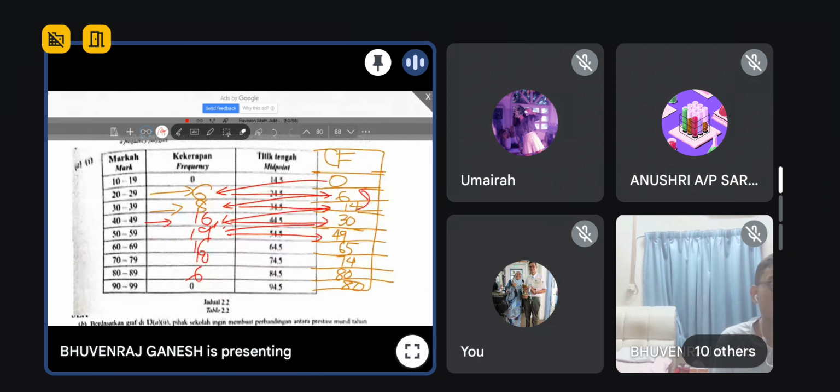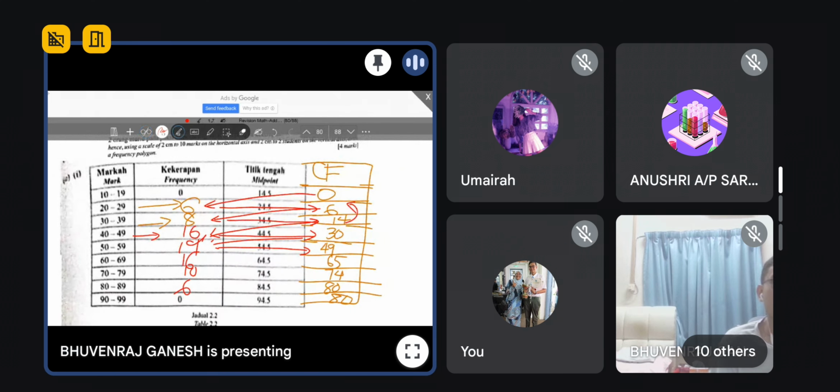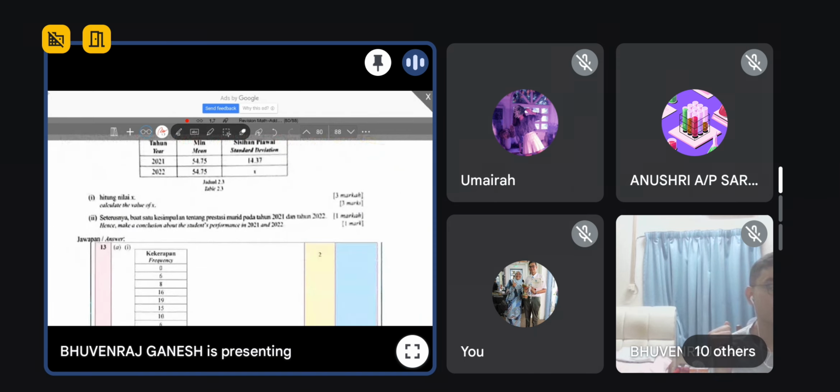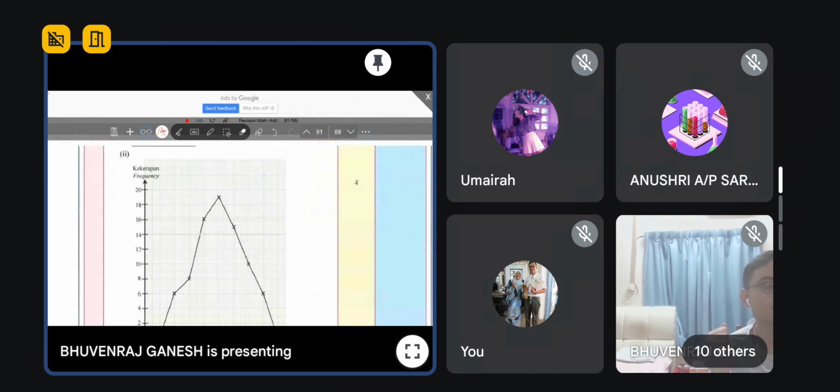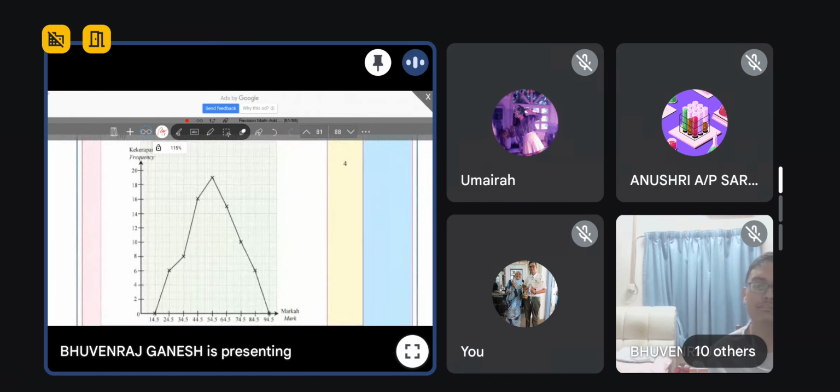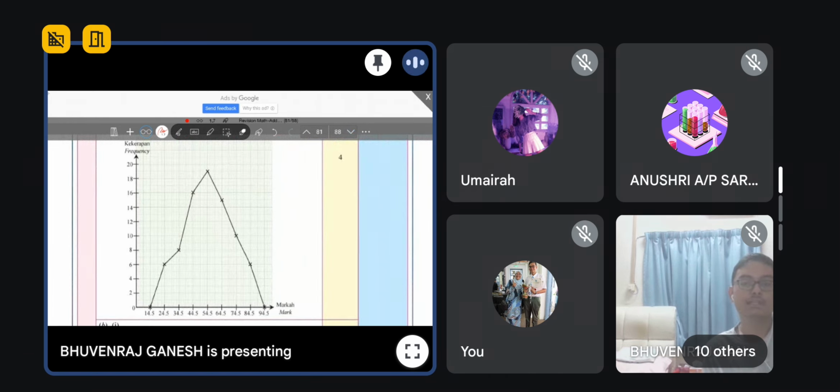So for a frequency polygon, basically you are going to plot frequency melawan titik tengah, frequency versus your midpoint. Okay, so how does the graph look? The graph will look something like this. Have you all seen this graph, guys? Pernah tengok tak?